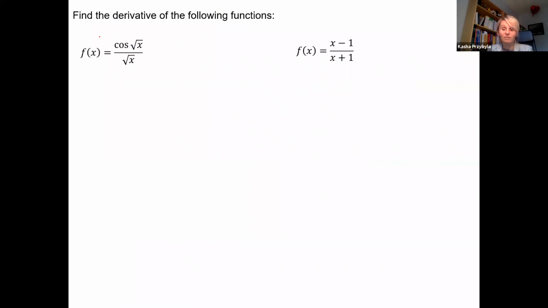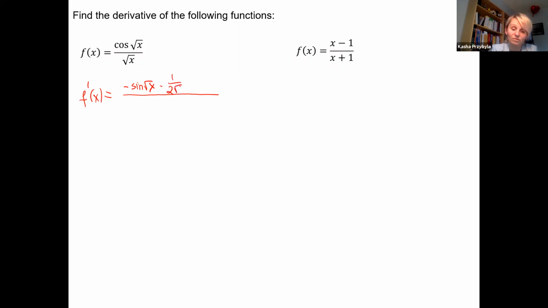Okay, and then I have the fourth function. Let's differentiate this, and we will be done. Cosine of square root of x over square root of x. We will use the quotient rule. The derivative of cosine is negative sine of the same angle times the derivative of that angle.